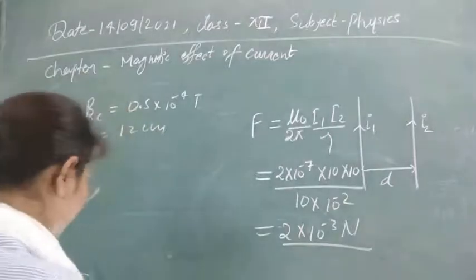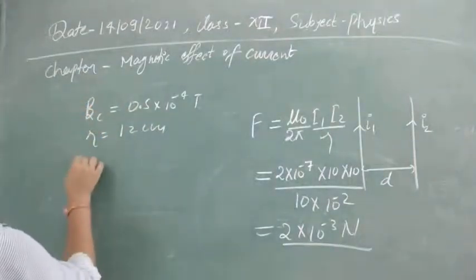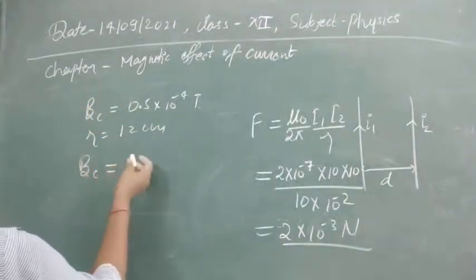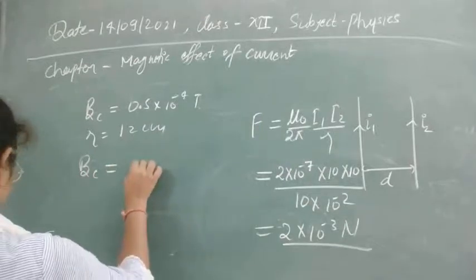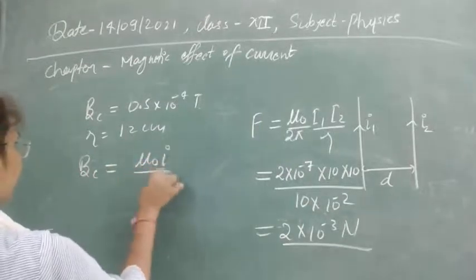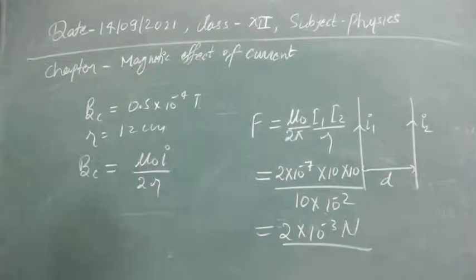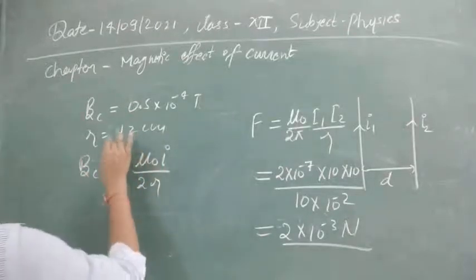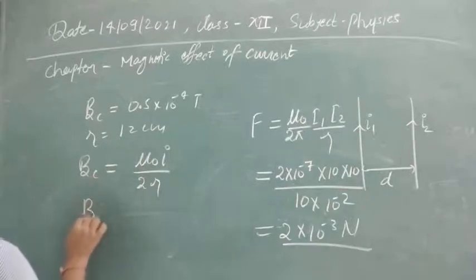Now if you see the formula for the magnetic field at the center of a circular loop, that is mu0 I upon 2r. From here you can find I, or if you don't want to, first let's write the magnetic field formula for the axial point.